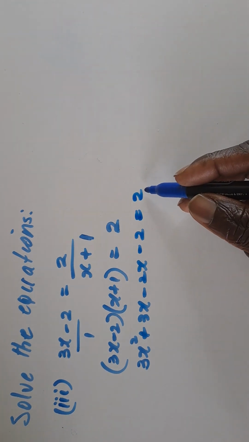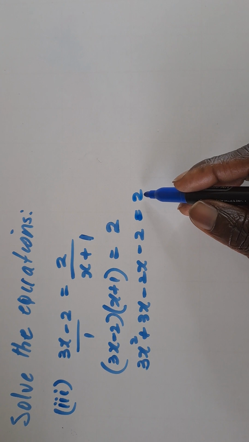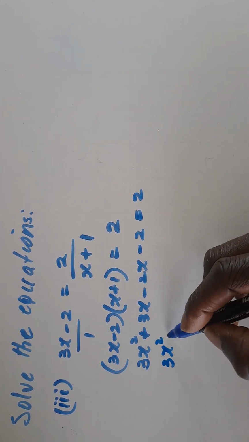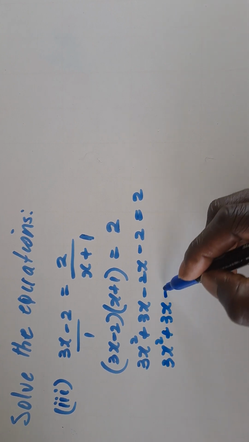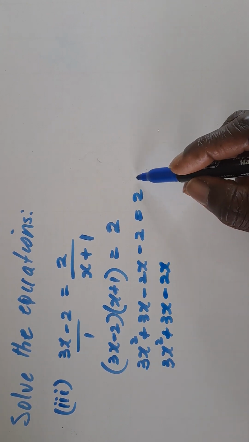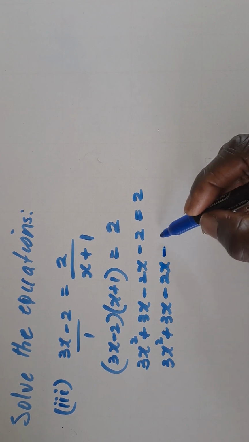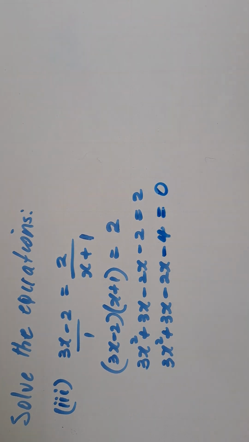And if we add negative 2 to both sides, we'll have 3x squared plus 3x minus 2x. Now we add a negative 2 to this side, so this will be cancelled, so we end up with negative 4 over here. This is equal to 0.